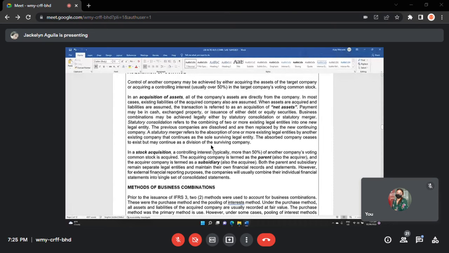However, for external financial reporting purposes, the companies will usually combine their individual financial statements into a single set of consolidated statements. Yung parent po is mas mataas sa subsidiary. Under po siya ng, yung subsidiary po, magiging under siya ng acquiring o kaya parent.